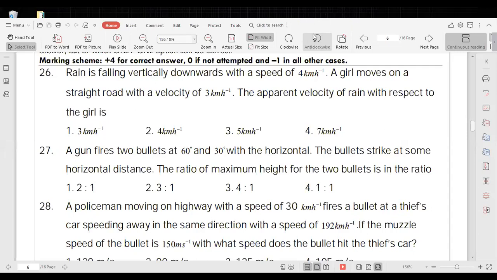So with respect to thief, with what velocity the bullet seems to be coming, with that velocity it strikes the thief. That's a very, very important problem. Good problem it is. Therefore, bullet strikes the thief with a velocity 105 meter per second.